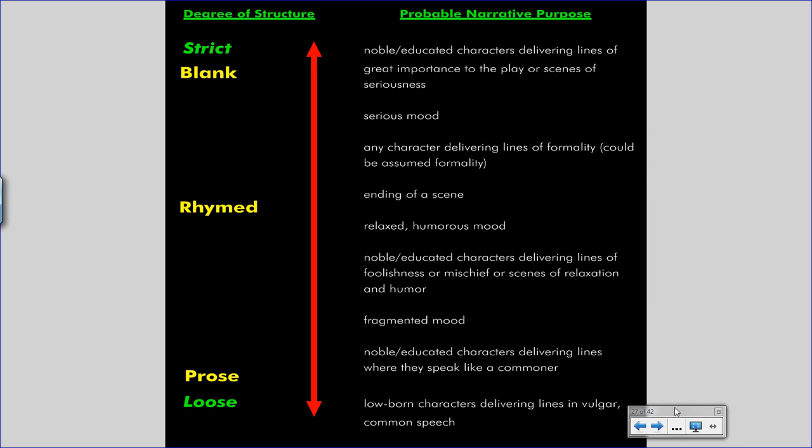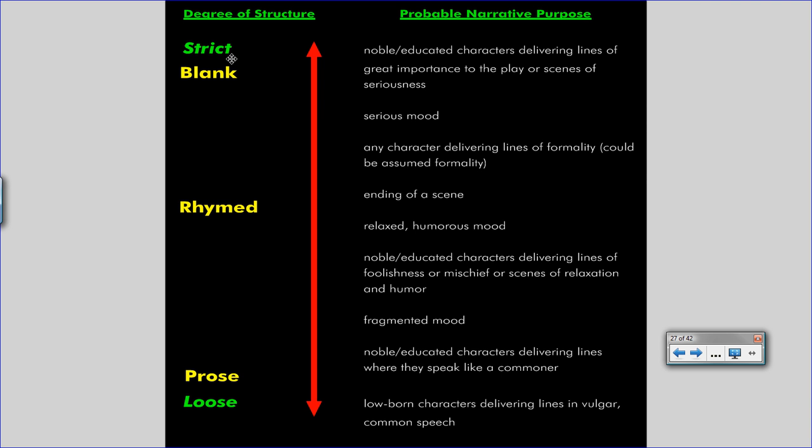Look at this continuum. It's a fairly rough continuum, and I think a linear continuum is not necessarily the best model to understand Shakespearean verse, but it moves from the very strictest verse up here at blank.